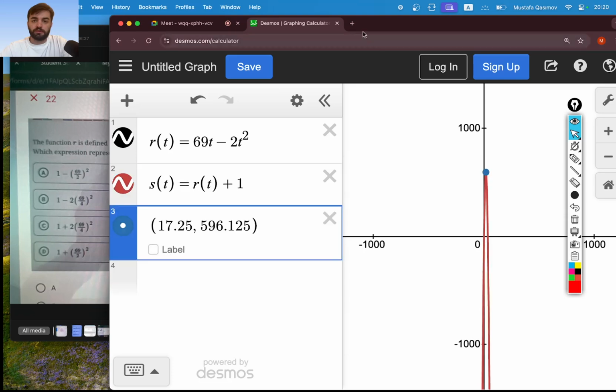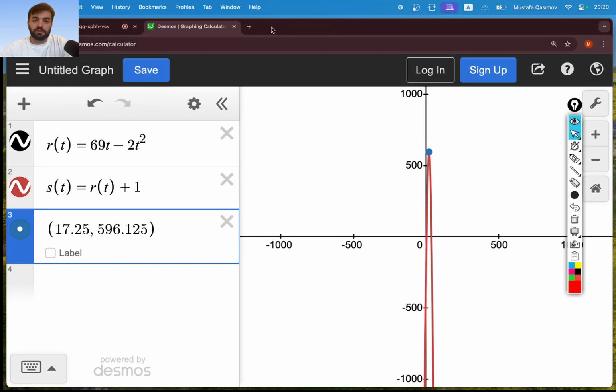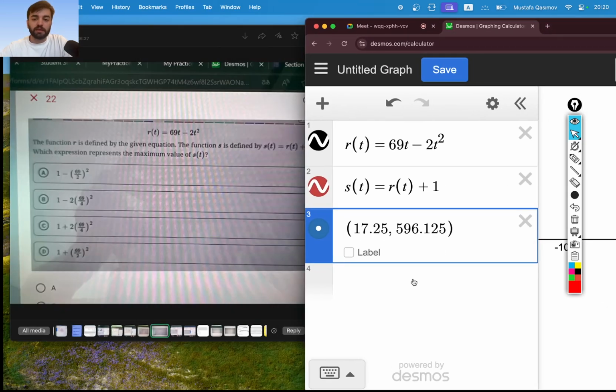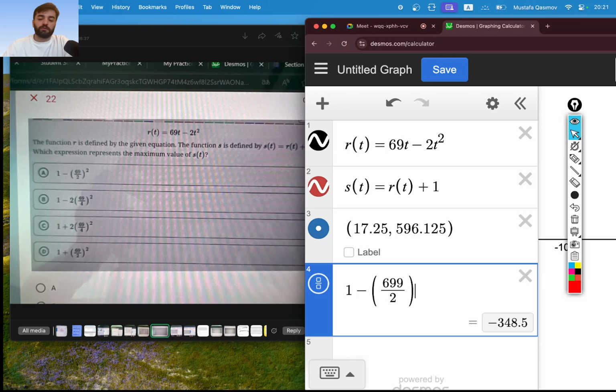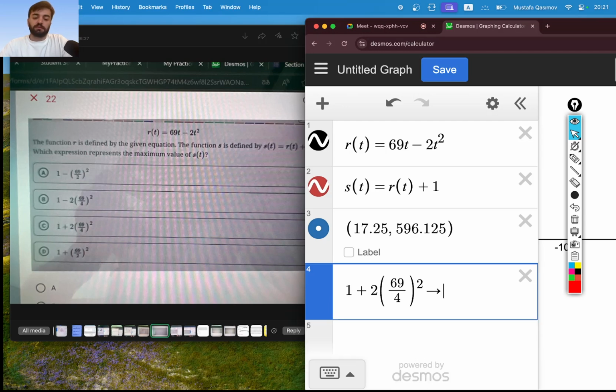So it is 596.125. It is our answer. Then you have to check all options. 69/2 square. Okay, you can see that it is negative. By the way, A and B are negative. You don't need to check them. You can start from C. The answer is C. Is it clear, Yerkanat?